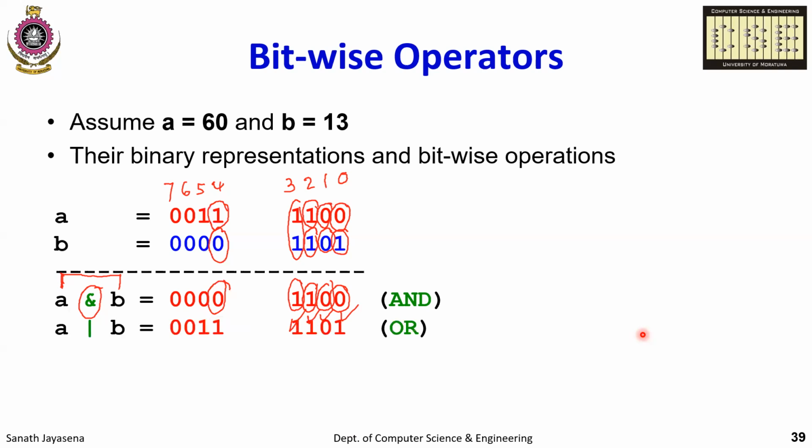Another operation is called the OR operation. Let's try to understand, just like the earlier case. The symbol here is the vertical bar. It is usually on the keyboard above the backslash key. At the bottom it says one thing, and up top it says another. That is the vertical bar.